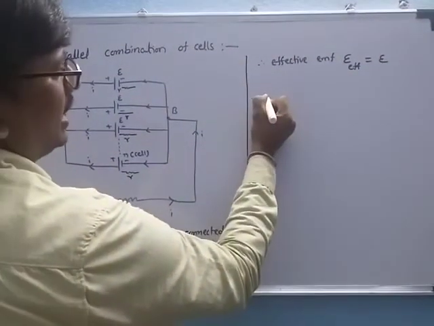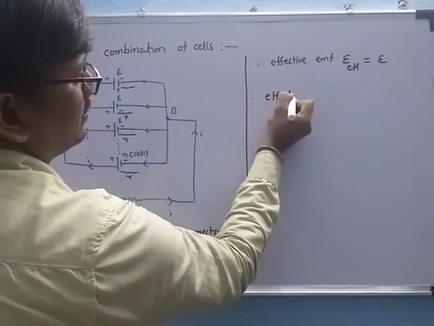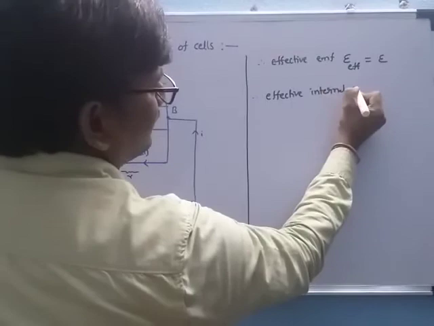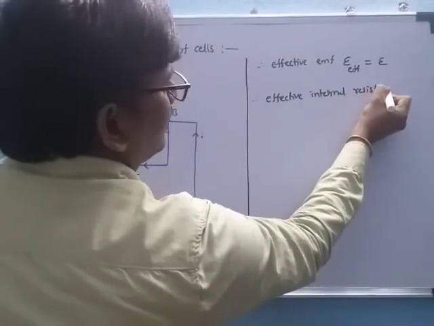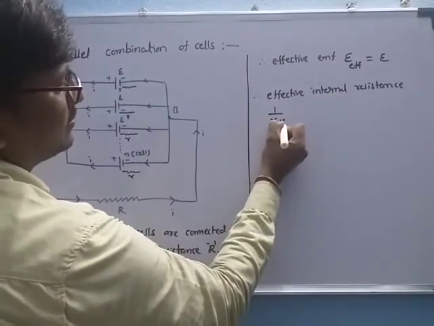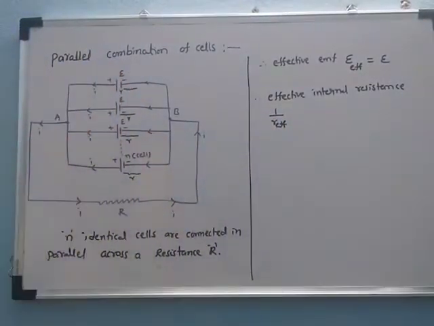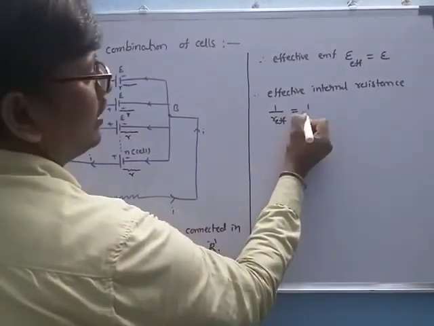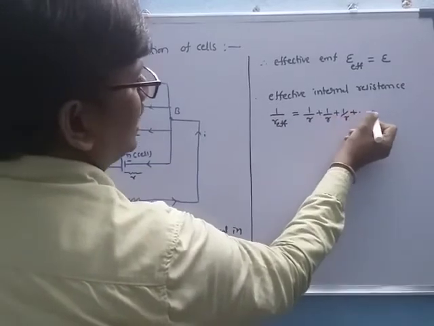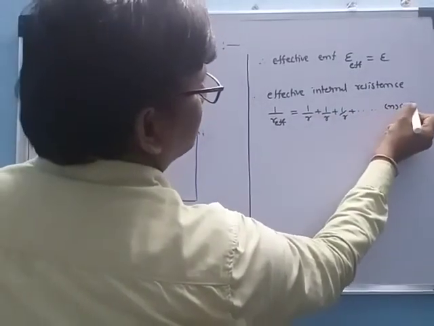Therefore, the effective internal resistance. See, 1 by r effective in parallel combination is equal to 1 by r plus 1 by r plus 1 by r, and so on for n cells.